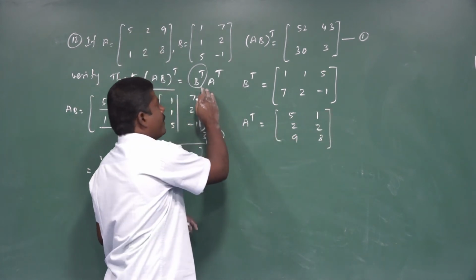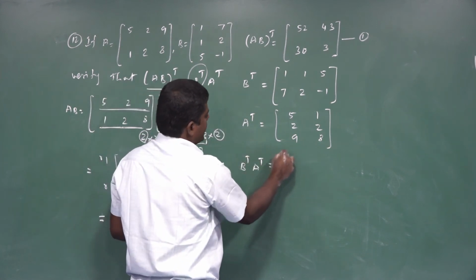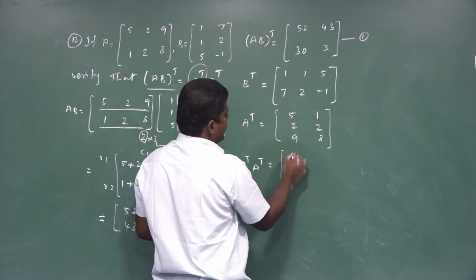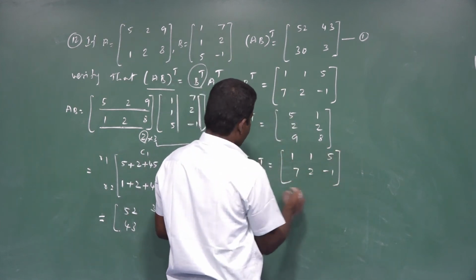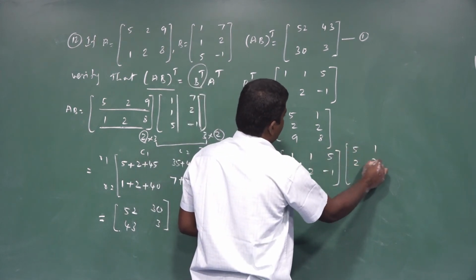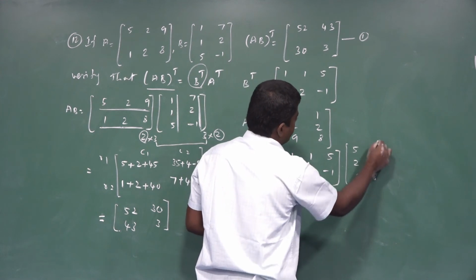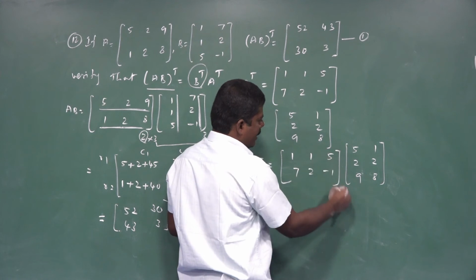Understand? Finally you want to find out B transpose A transpose. B transpose A transpose is equal to B transpose matrix 1 1 5 7 2 minus 1, A transpose matrix 5 1 2 2 9 8. The order of our first matrix is 2 rows and 3 columns.